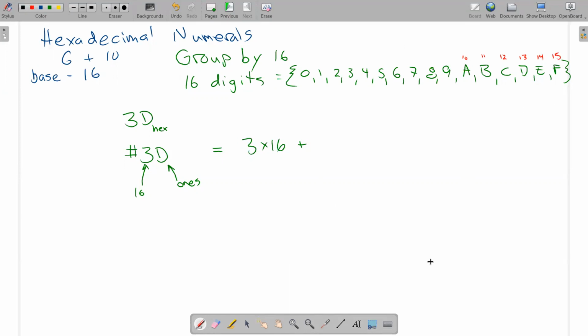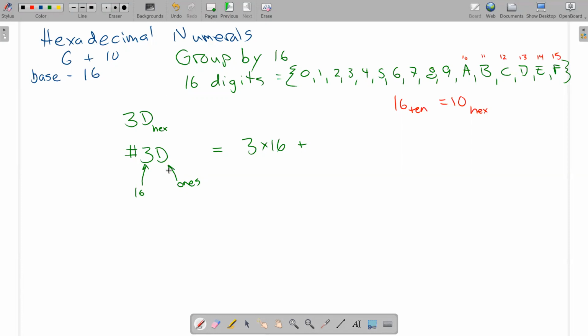I don't need a symbol for 16 because 16 in base 10 is 10 in hexadecimal. All right, so what is a D? A D is a 13 in base 10.